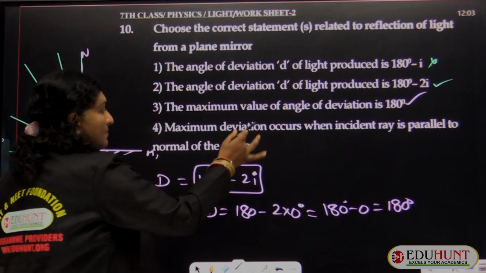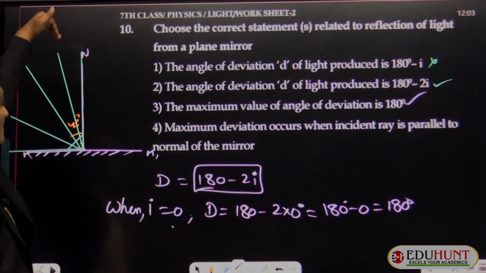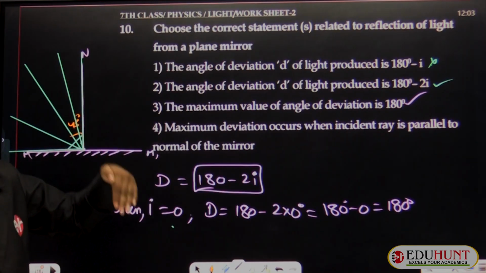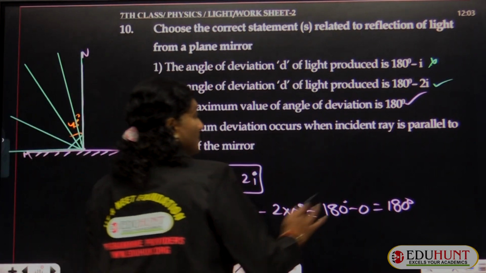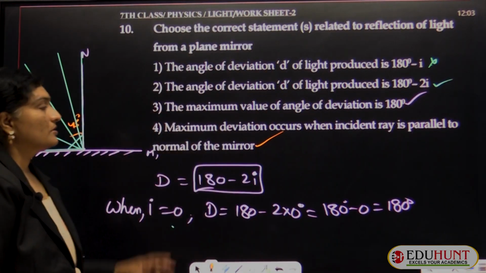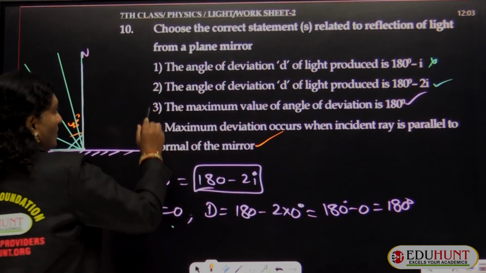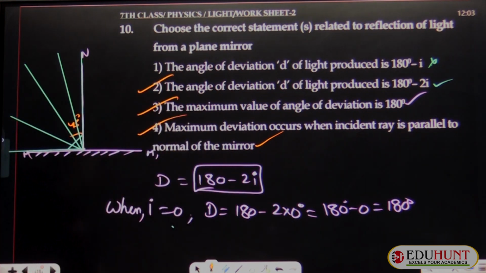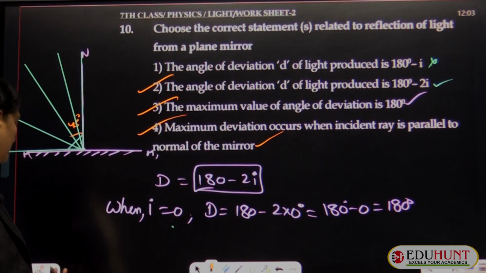So, maximum deviation occurs whenever the light ray is incident parallel to the normal or along the normal. Hence, option D, that is 4, is also correct. Hence, 3 options are correct. What are the 3 options, children? Second, third and fourth are the 3 correct answers related to the plane mirror.